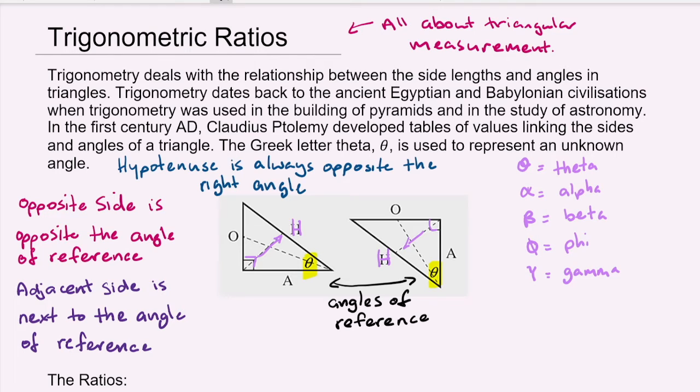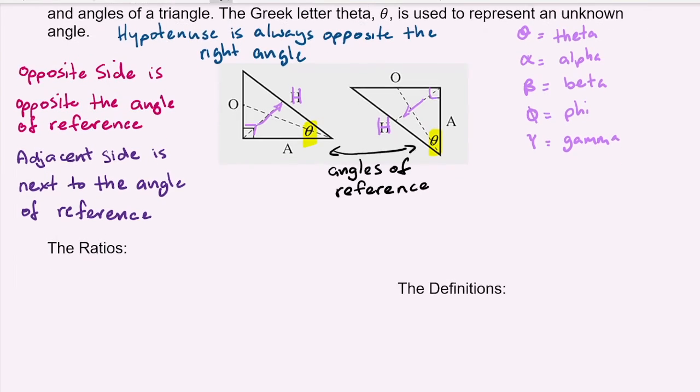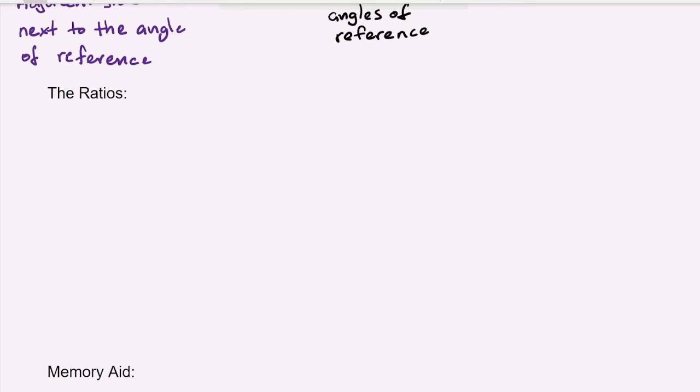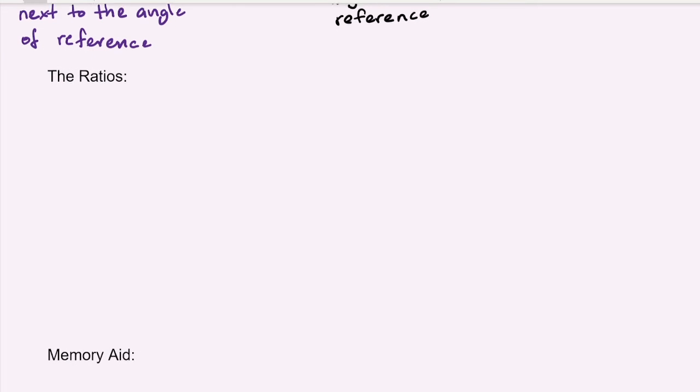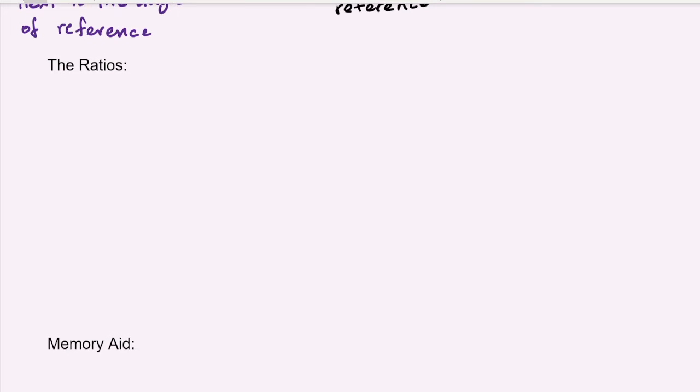Now, we use three general ratios at the beginning of trigonometry. Our three main ratios are the sine ratio, the cosine ratio, and cosine really just means complements sine, so they fit really nicely together.